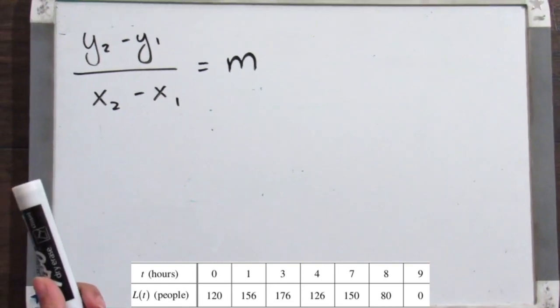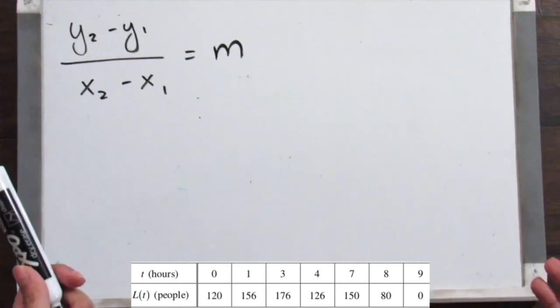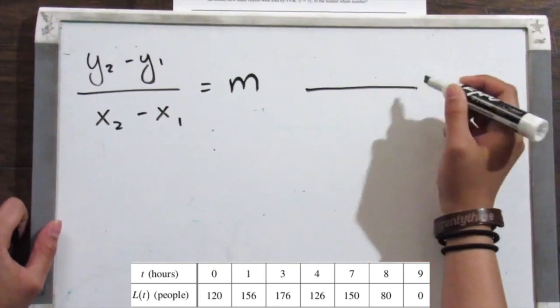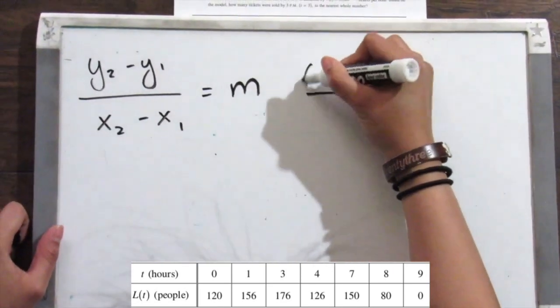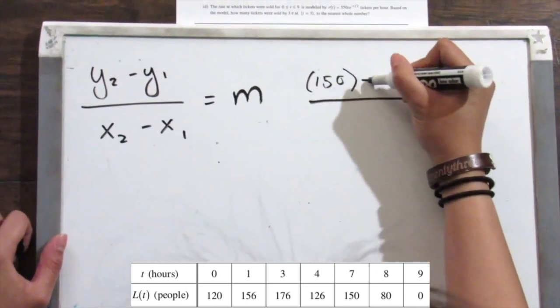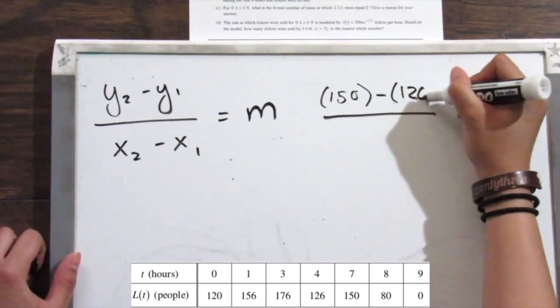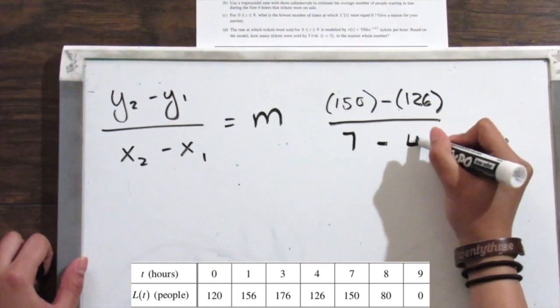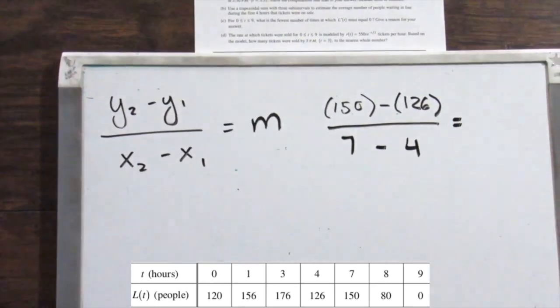So what does the x and the y represent? Well, hours would be represented by x, and the number of people in line would be represented by y. At 7 hours, there were 150 people in line, and at 4 hours, there were 126 people. And don't forget to include your 7 minus 4 accordingly.